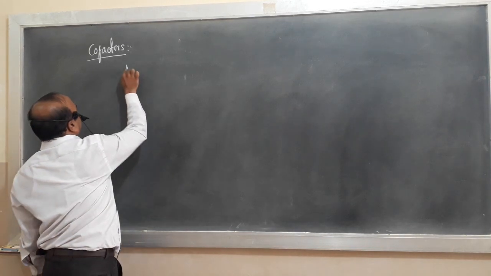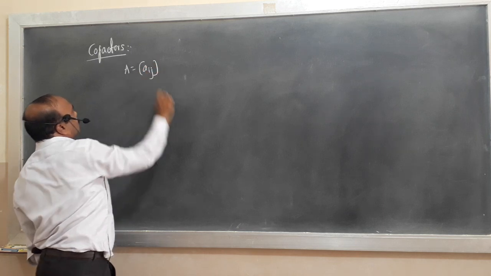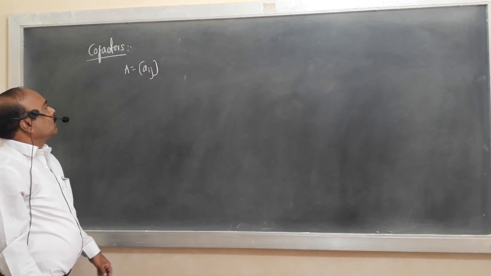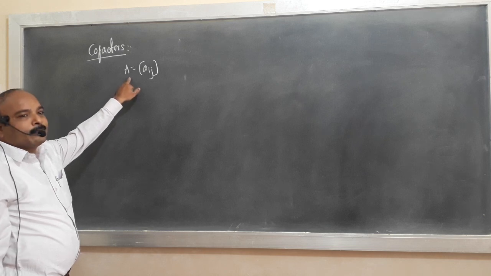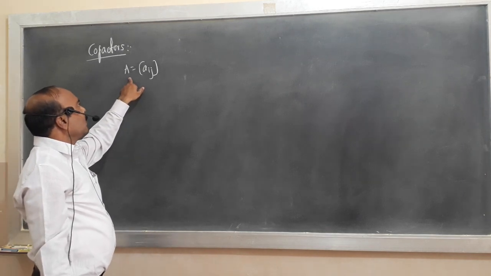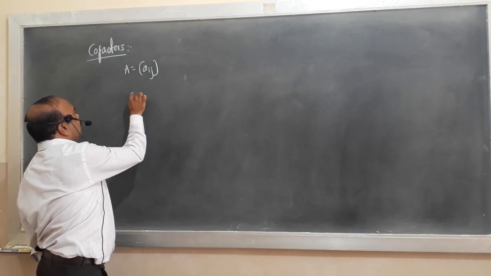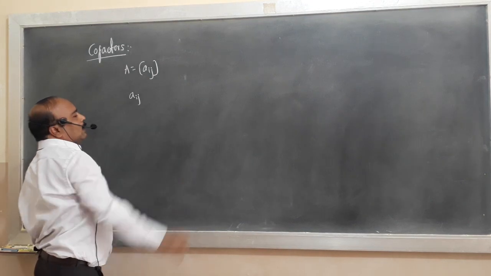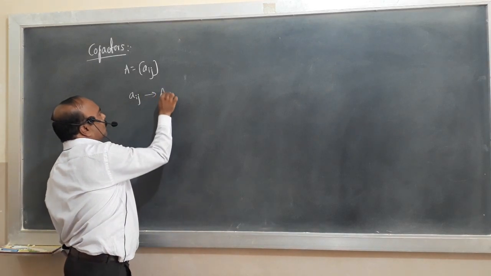Suppose you have the square matrix A equal to Aij, and depending on the order, if it is second order it has 4 elements, if it is third order it has 9 elements. Then the cofactor of an element aij is denoted by the symbol capital Aij.